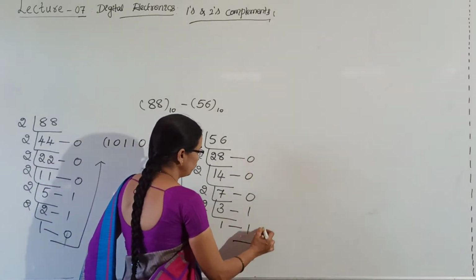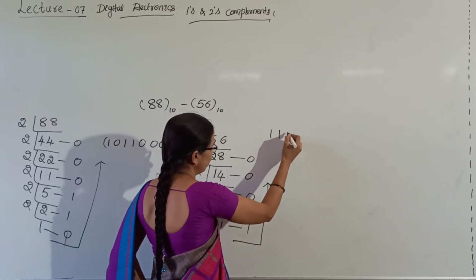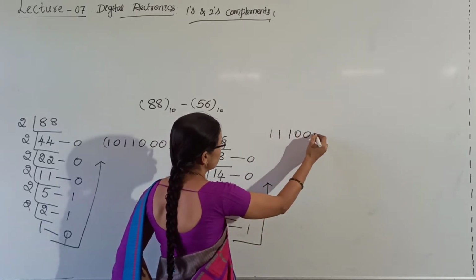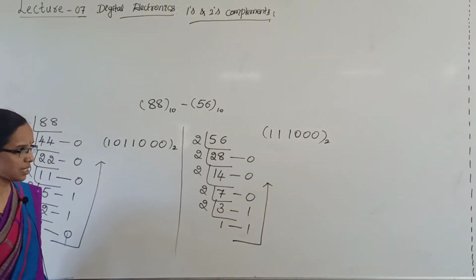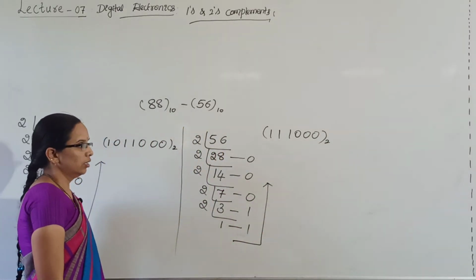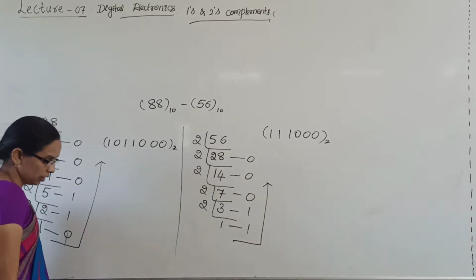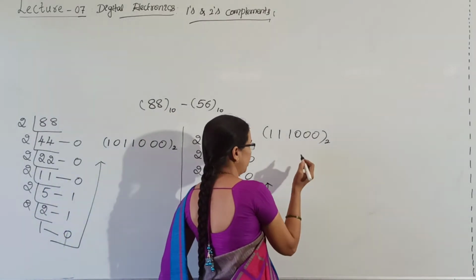Now 1 1 1 0 0 0 is the binary equivalent of 56. This is our subtrahend.